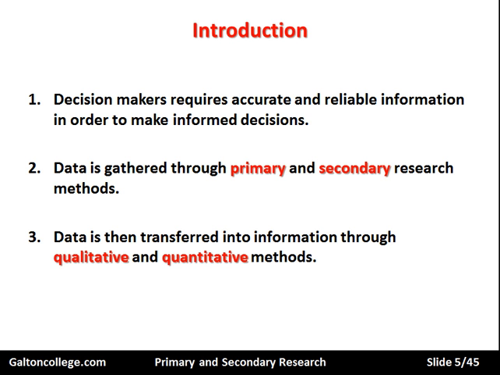So, for example, the company may collect facts and figures about its sales in a particular region. That's just numbers. And then it may process those facts, those numbers, using some sort of statistical technique and work out the trends of the sales in those regions and make comparisons between regions and between different products that are on sale and so on.